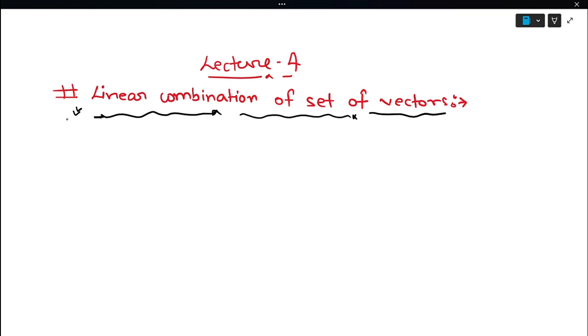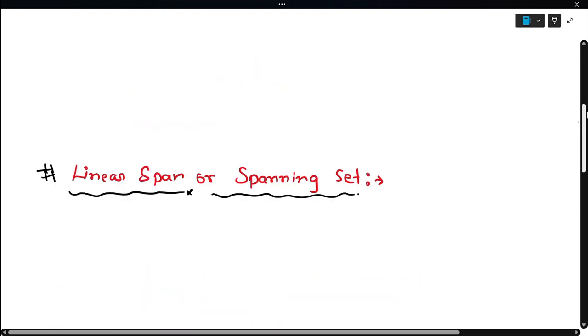What is linear combination? Let V over F be a vector space. We have a vector space.